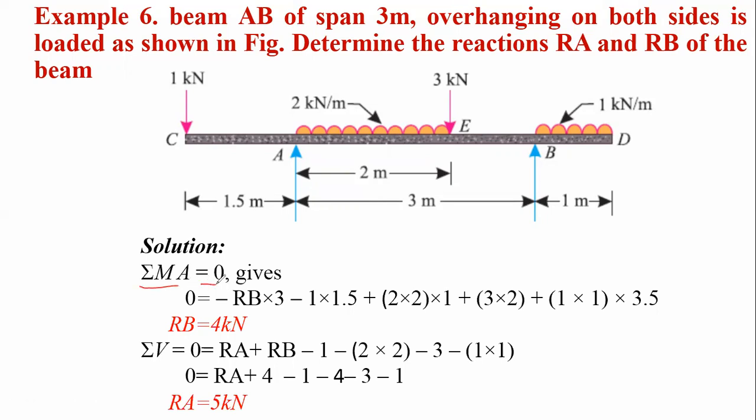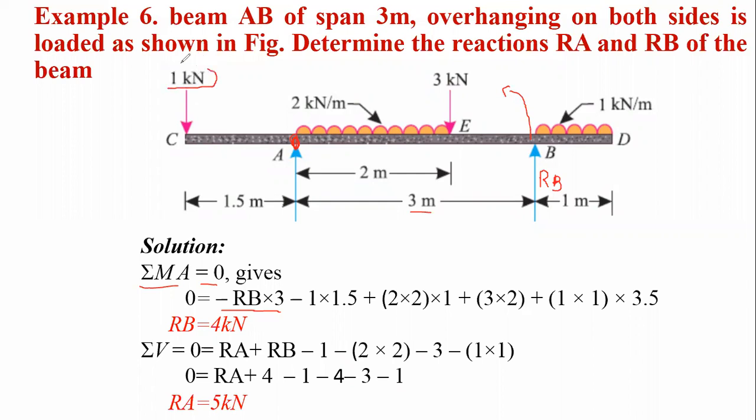Moment of all the forces about point A. A is located over here. Now let us start with this reaction RB first. RB into perpendicular distance of 3, and it makes an anti-clockwise moment. That's why it is taken as minus RB into 3. Now let us start with this loading.